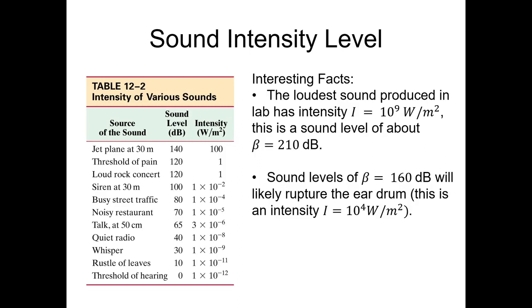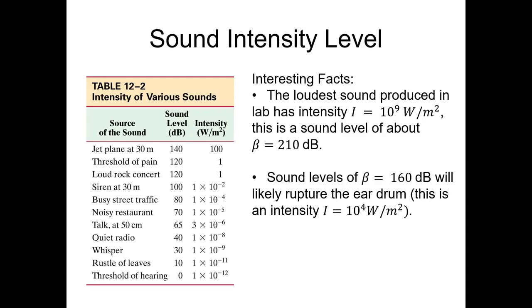So here are some interesting facts. The loudest sound produced in a lab has an intensity of 10 to the 9, so that's a billion watts per square meter, and the sound intensity level is 210 decibels. That's well beyond. If you want to know, the threshold of pain is 120, so how much does it take to rupture a person's eardrum? Well, if it's painful at 120, a jet plane taking off is 140, beyond painful.